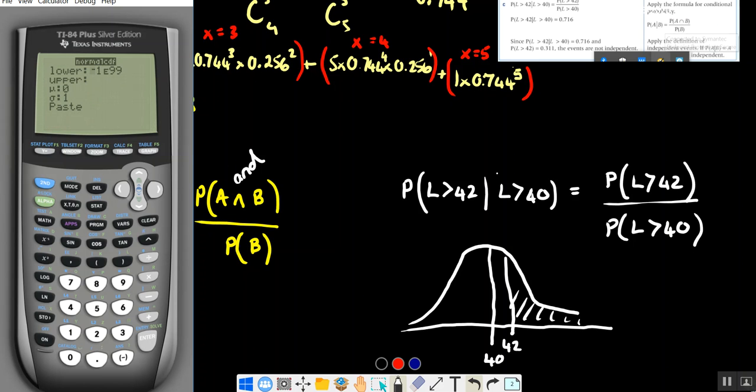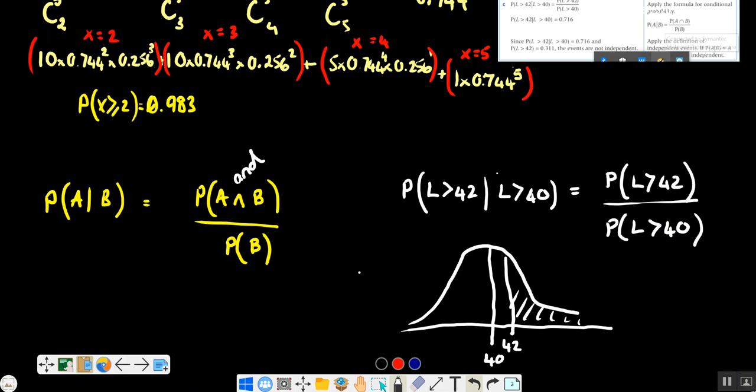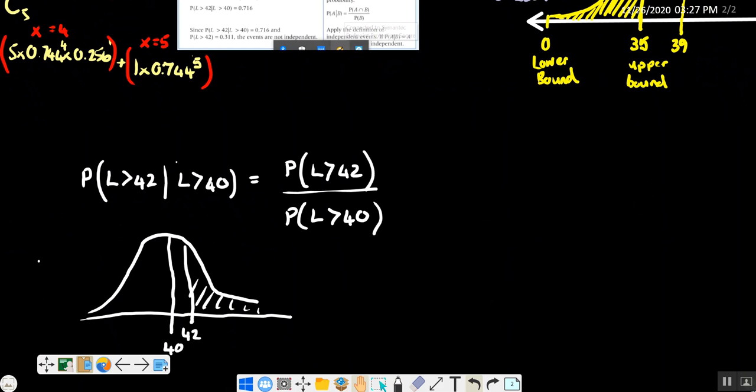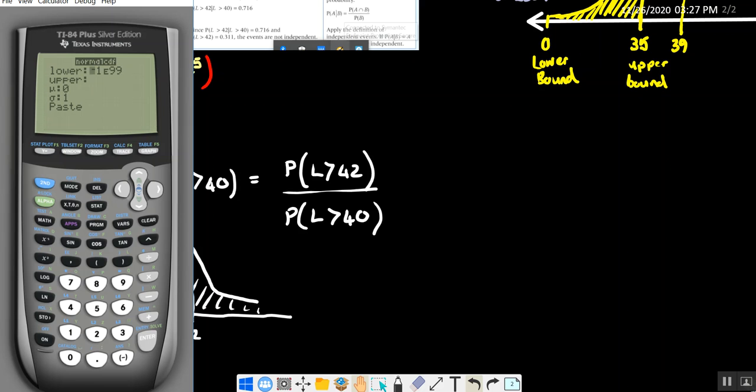All right, what do I put as my upper and lower bounds this time? Should we do the bottom one first, yeah? So let's put the lower bound as 40, because we've got to go up, yeah? What do you want to put as your upper bound?